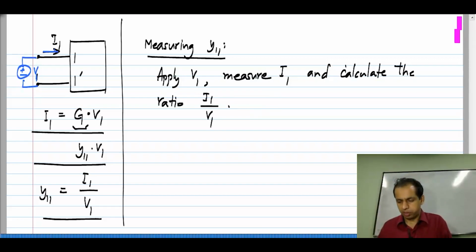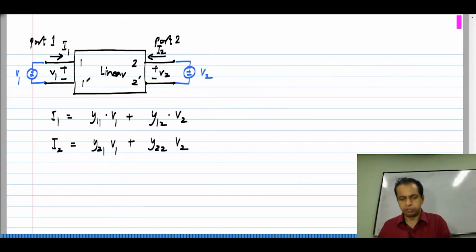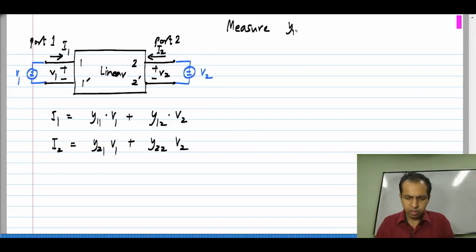So, that is how we measure this parameter. What do we do in case of a 2 port? We have 4 parameters. So, that means that we need 4 measurements, and a convenient way of doing it is, let us say we want to measure Y11. Y11 appears in this first equation.